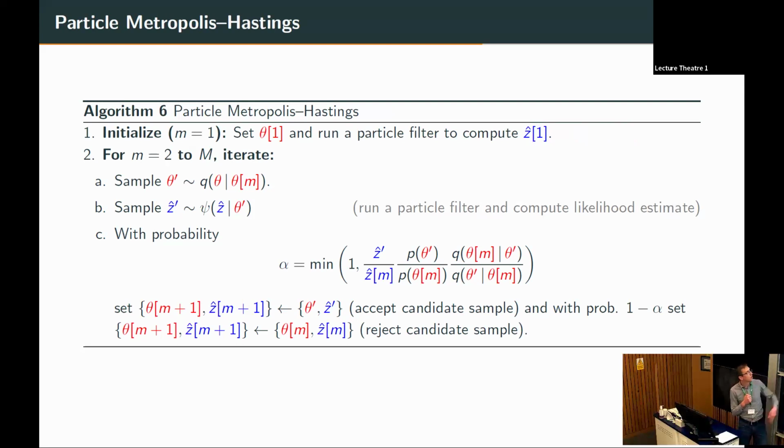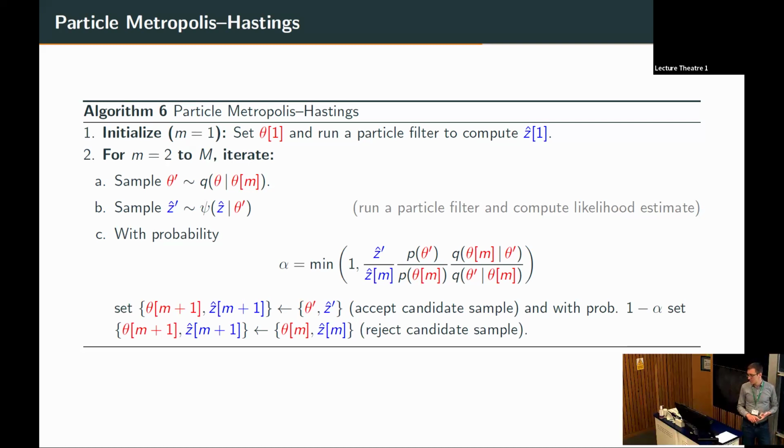I propose a value for theta, and I parameterize my model using this theta dash. I run the particle filter, and then I propose a value for the likelihood, you could say. Apart from that, the algorithm looks exactly the same. So we get the same acceptance probability, but the true likelihood is now replaced by the estimate. If we accept, then we accept both the theta and the likelihood estimate.